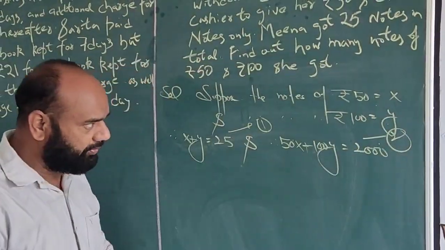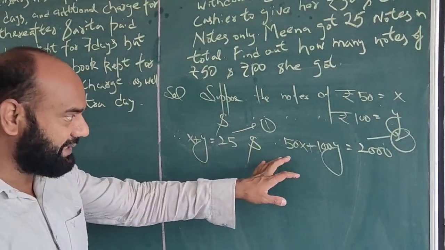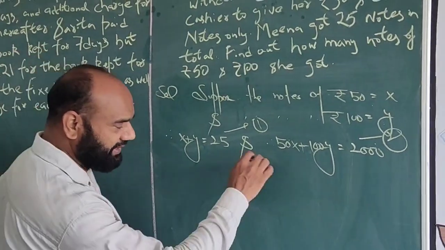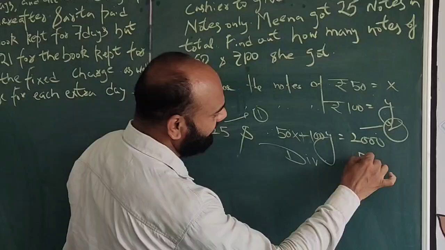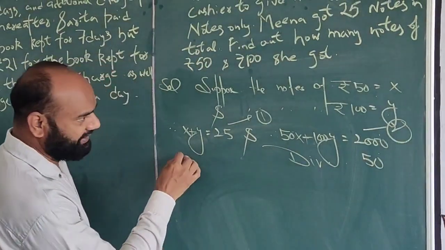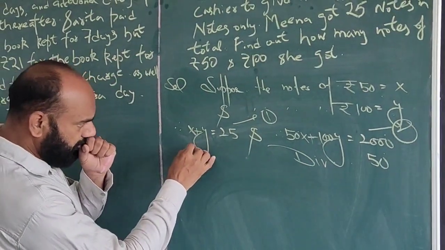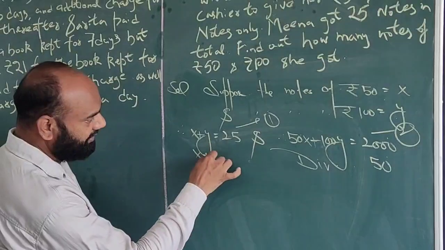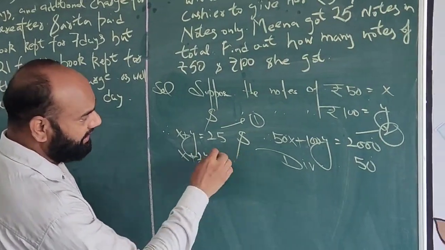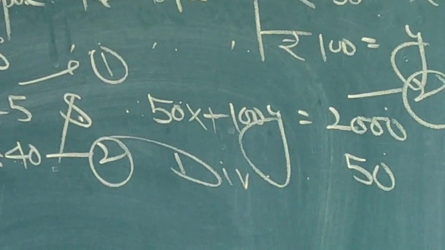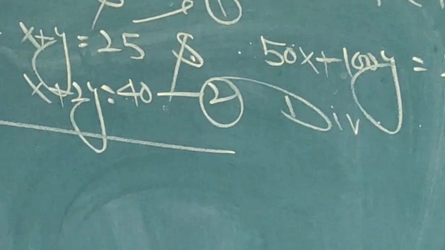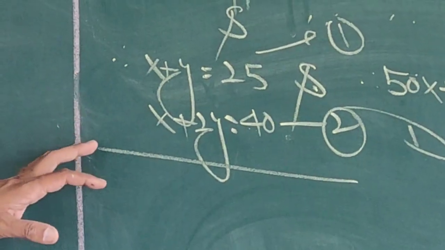Now equation number 2 can be simplified by dividing both sides by 50. By dividing both sides by 50 we get x plus 2y equals 40. And this is also called equation number 2. Now we solve equations 1 and 2 using the elimination method.